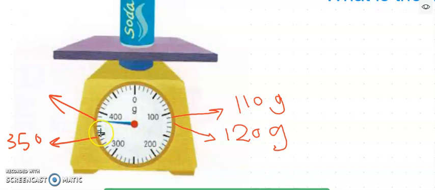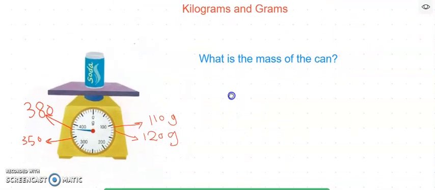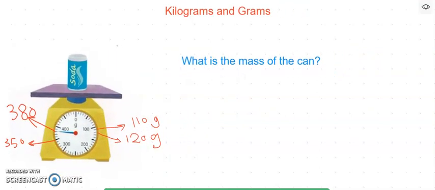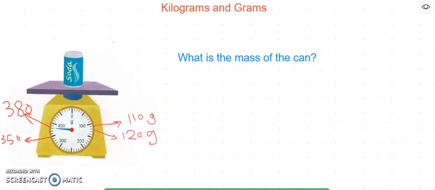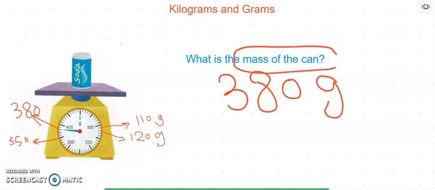Okay, then we go one more, 360, 370, and here exactly 380. So the mass of the can is 380, right? The mass of the can is 380 grams.